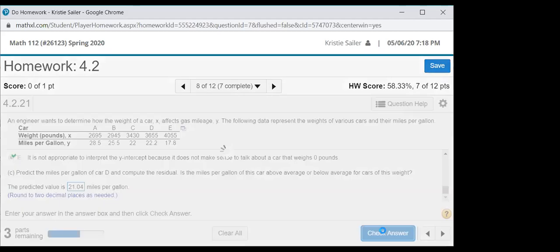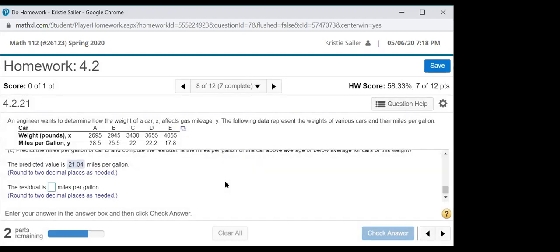Now notice something. Your predicted value, 21.04, right? And your actual value was 22.2, correct? So was your predicted value above or below? Predicted was below.